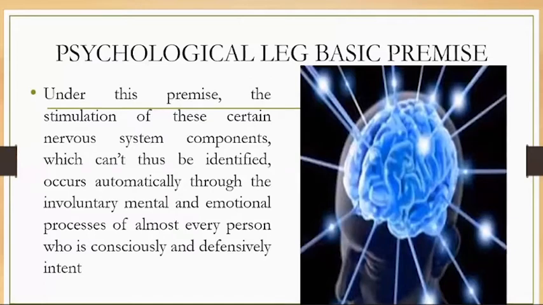Under this premise, the stimulation of a certain nervous system component, the very center part of our brain, can thus be identified automatically through the involuntary mental and emotional process of almost every person who is consciously and defensively intent. So here, you can see the very first leg is the brain.